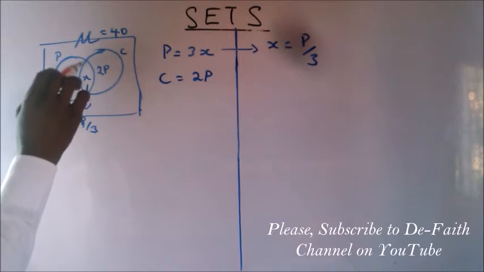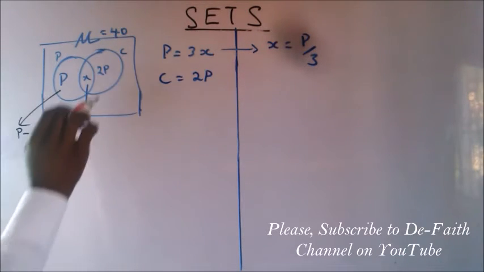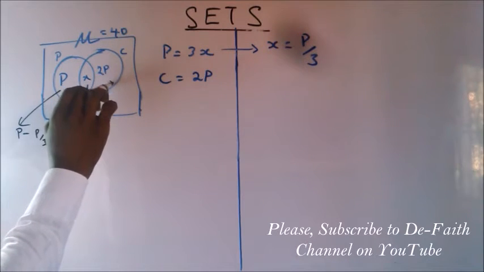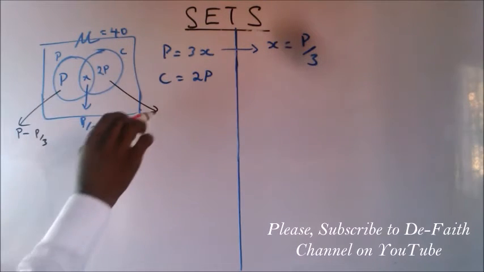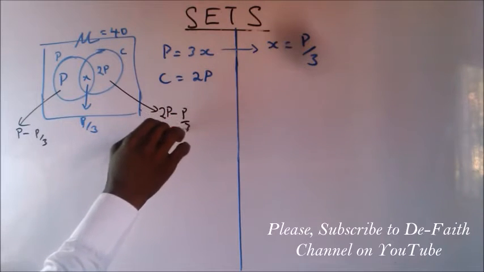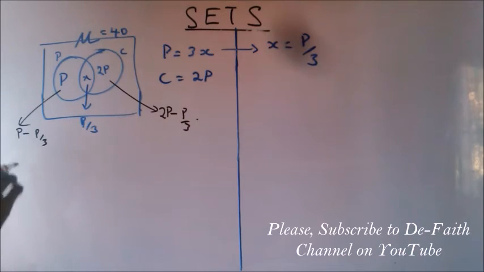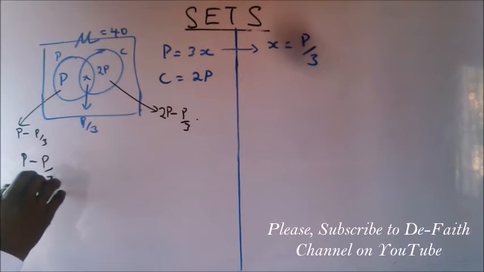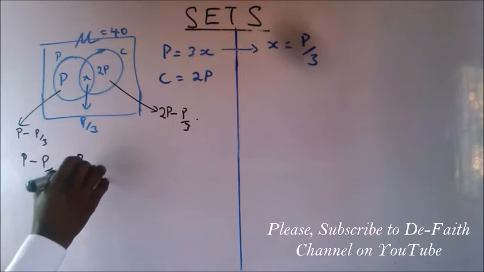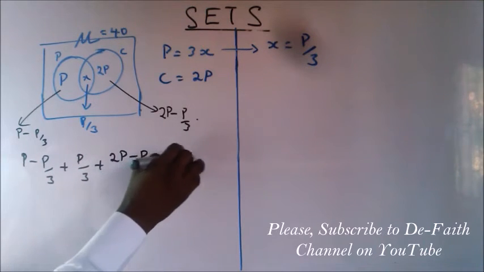Since P over 3 is for both, those that offer both, so P minus P over 3 will give us those for only physics. And then over here, to get for only chemistry, that will be 2P minus P over 3. We'll add all this and we'll equate it to 40. So we have P minus P over 3 plus P over 3 plus 2P minus P over 3 equal to 40.